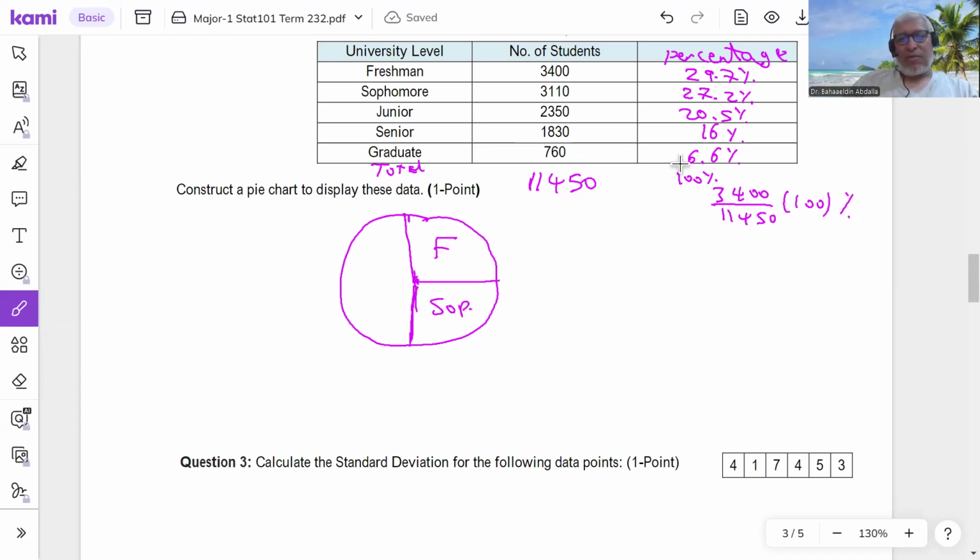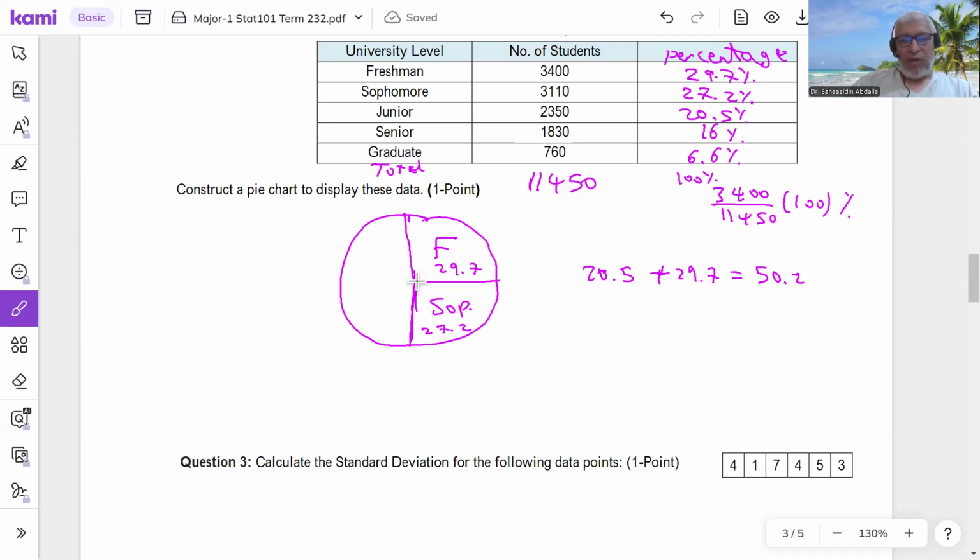And now 20.5% for junior. Well, if I add 20.5 plus 29.7, because this is 29.7 and this is 27.2, I'll find that the answer is 50.2.